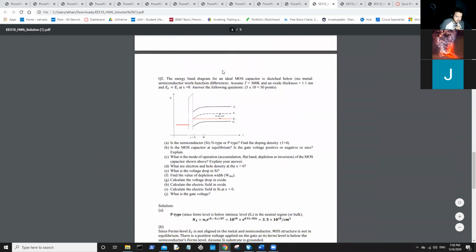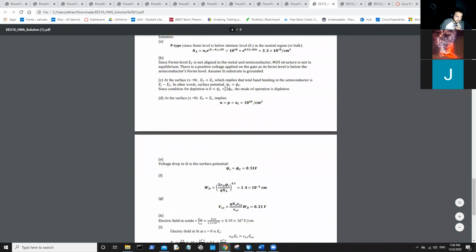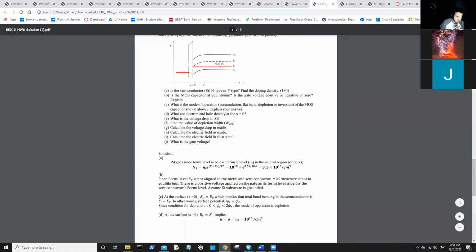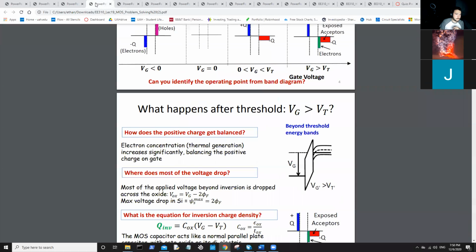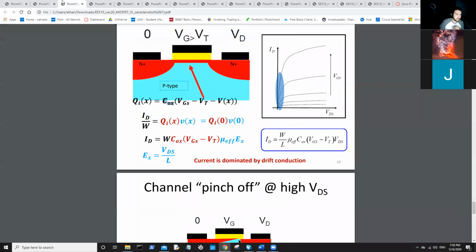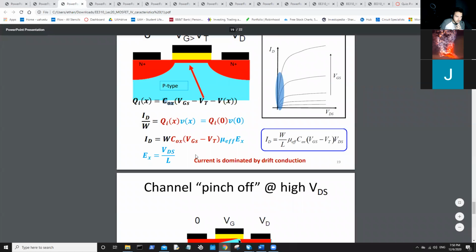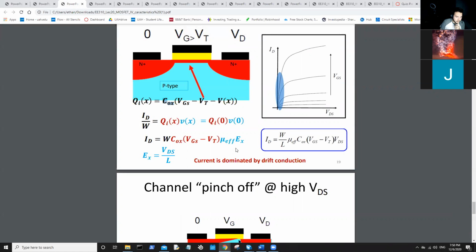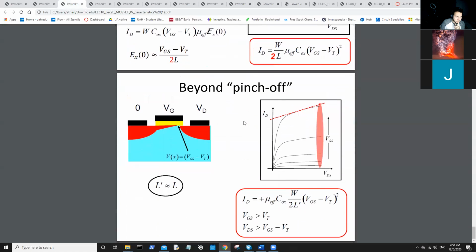That's wacky. All right, let's go back to this one then. Pinch-off, square law.